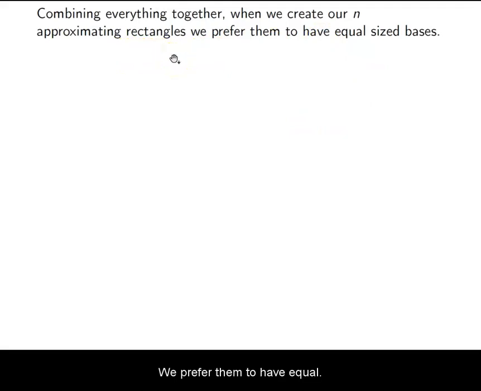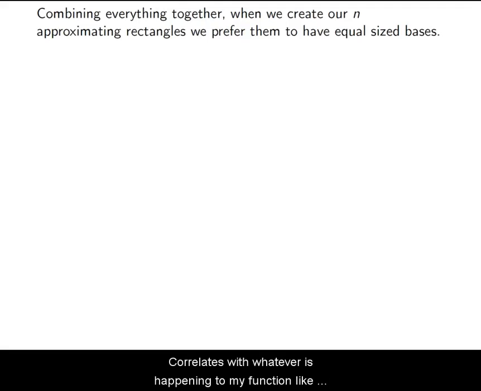We would prefer them to have equal sized bases, right? So it's completely possible that I chop things up under my function in a way that correlates with whatever's happening to my function, like I said before, looking at the local maxes and mins and all that kind of stuff.